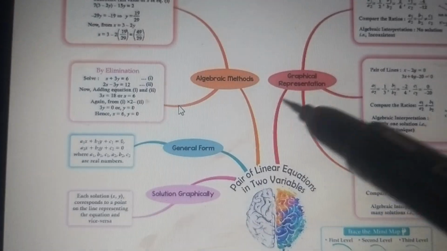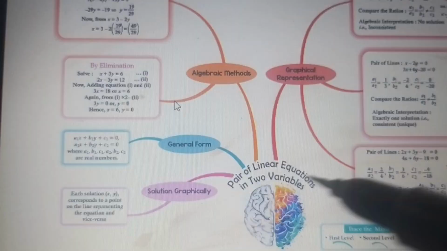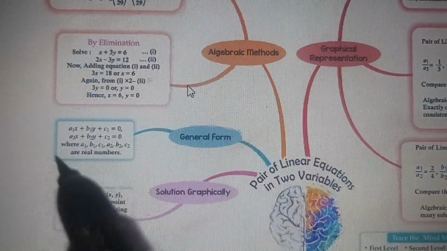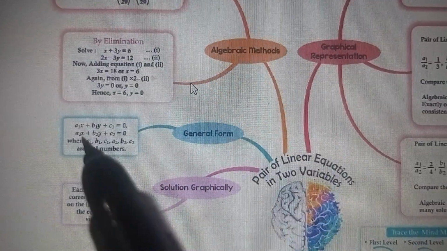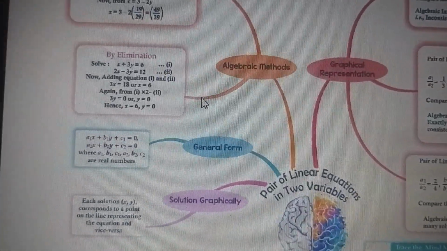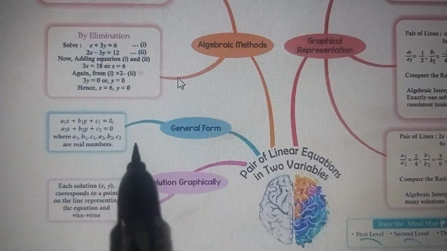In algebraic methods, graphical representation of a pair of linear equations in 2 variables. The general form is a1x plus b1y plus c1 is equal to 0, and a2x plus b2y plus c2 is equal to 0 is the second, where c1 and c2 are constants.